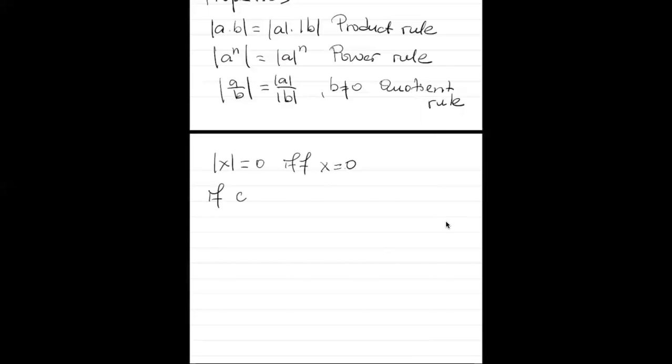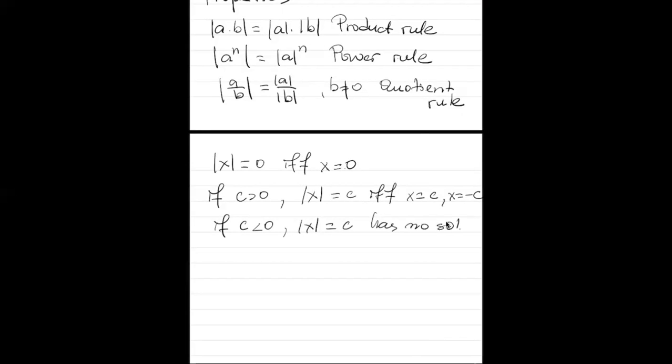Now, if a number c is positive, we say the absolute value of x is equal to c if and only if x is c or negative c. If c is negative, absolute value of x equals c has no solution, because the absolute value of x being the distance is always positive.